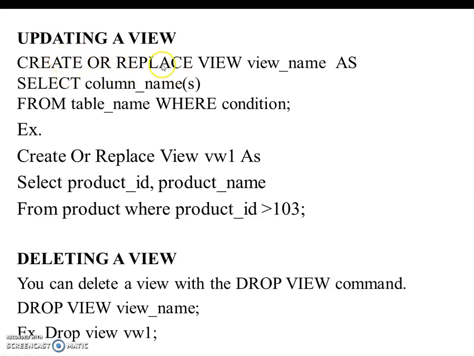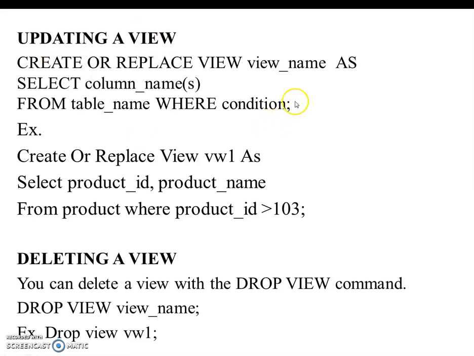So create or replace view, view name, as select column names from table name where condition. Whatever column names you have given previously can also be changed, or one or two more columns can be added by using this update view statement.